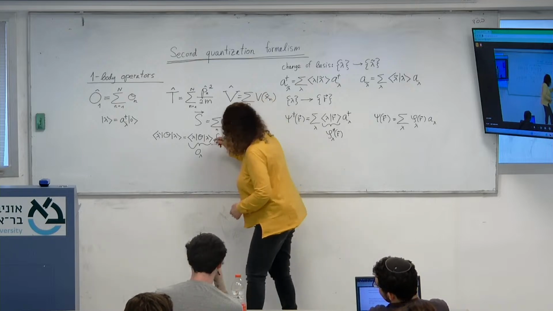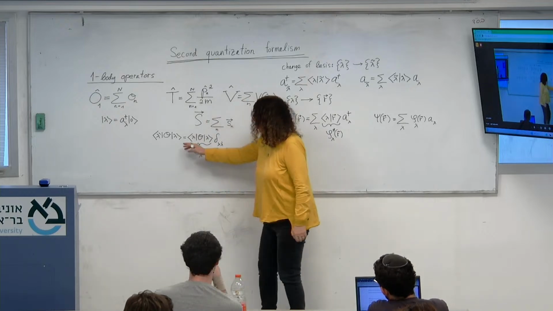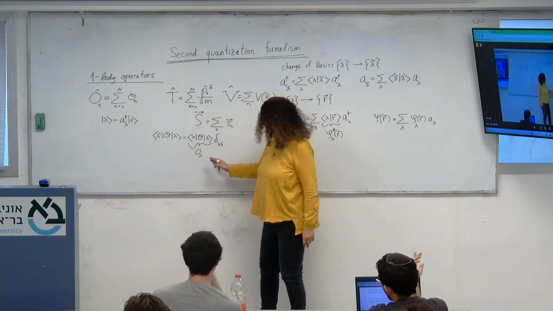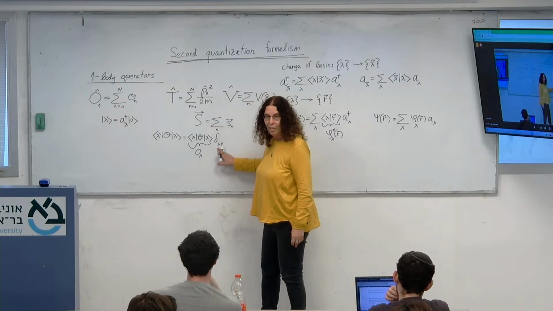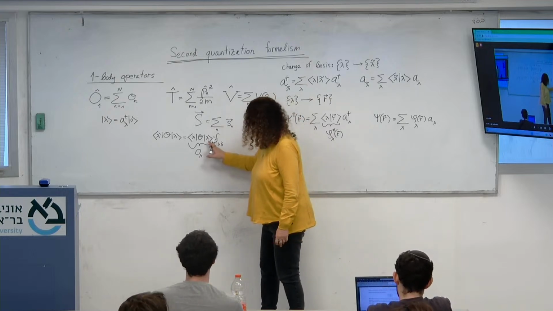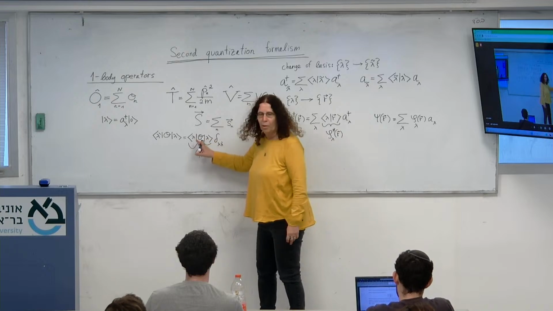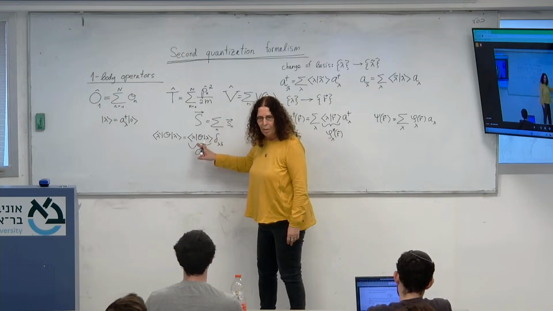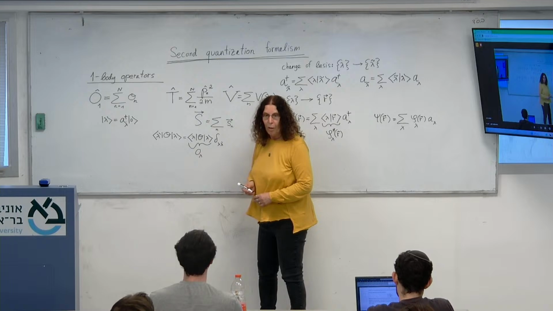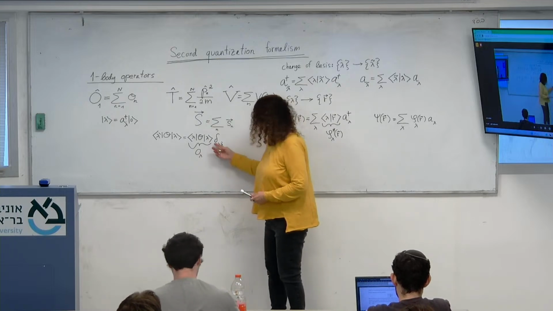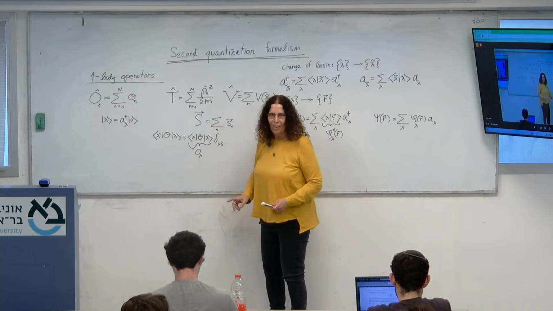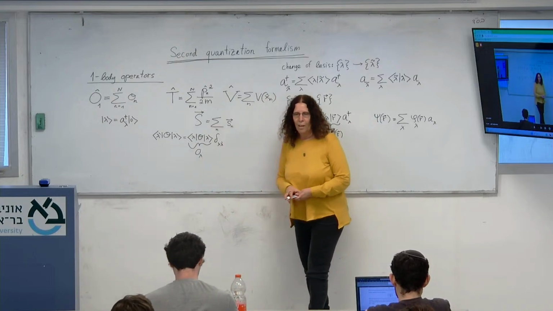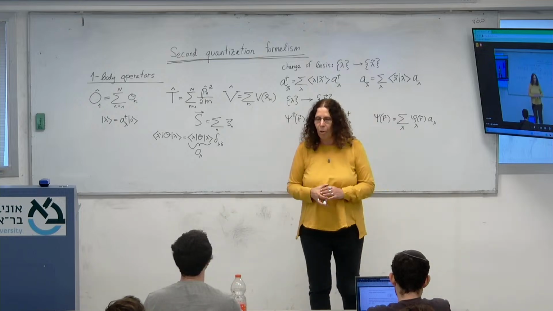Once you enforce the delta, lambda has to be equal to lambda prime, right? That's why I want to define it with only one index. That's the whole point. So these are just the diagonal elements and the others are 0, okay?